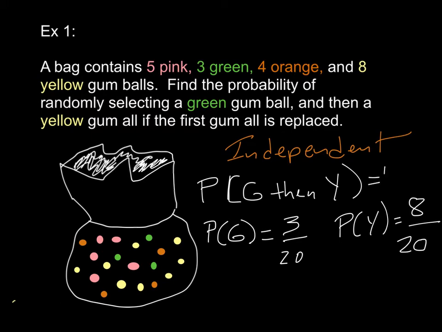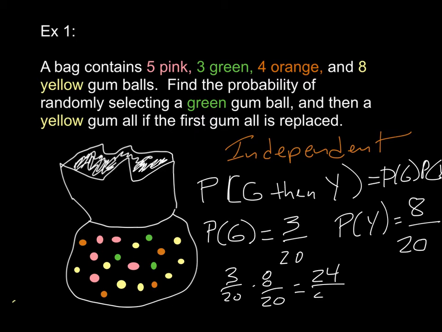If we write this out in this form, it's the probability of the green times the probability of the yellow. So we will have 3 over 20 times 8 over 20, which is 24 over 400. And let's reduce that.